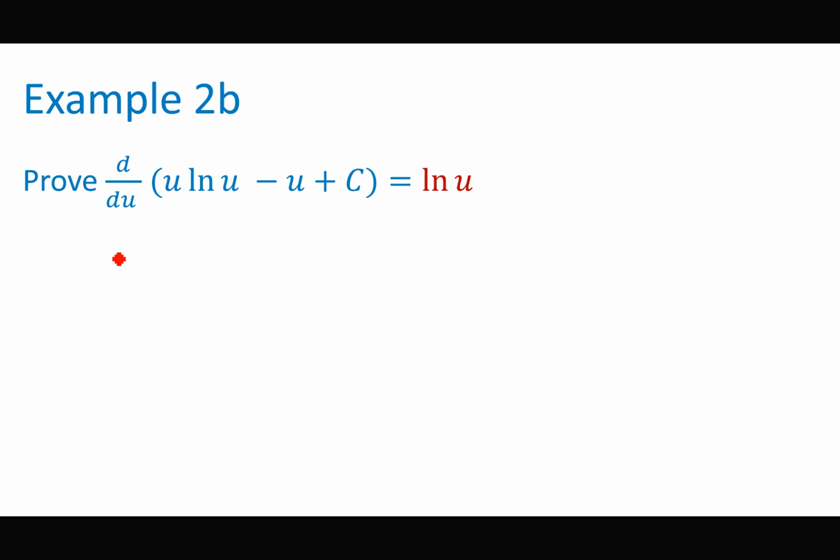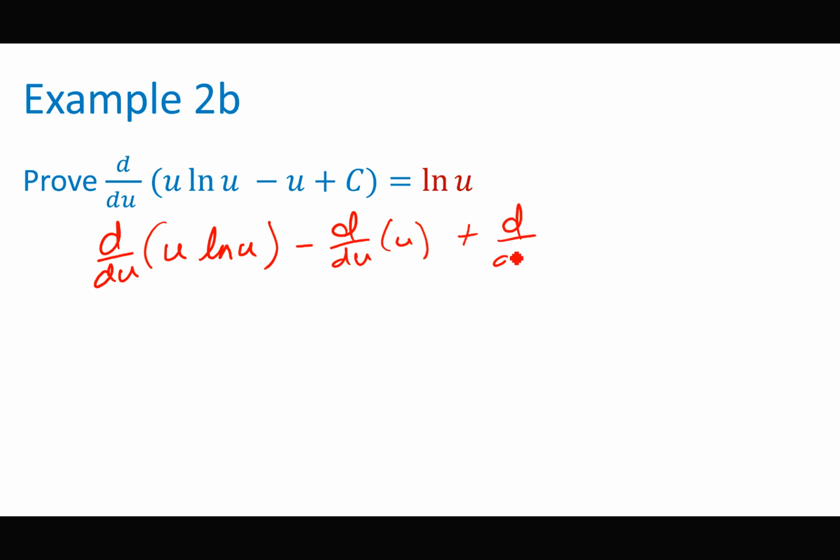If I were to differentiate, I would do each piece with respect to u: d/du of u natural log of u, minus d/du of u, plus d/du of c. We want to prove that this ends up being strictly natural log of u.